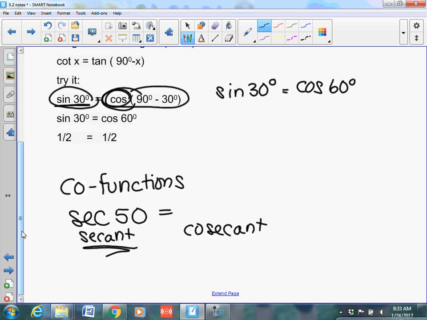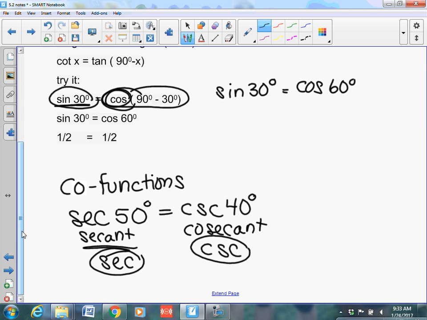How do you abbreviate these? SEC and CSC. These two are said to be cofunctions of each other. The secant of 50 degrees must equal the cosecant of what? Of 40, right? They have to add up to what degrees? 90.